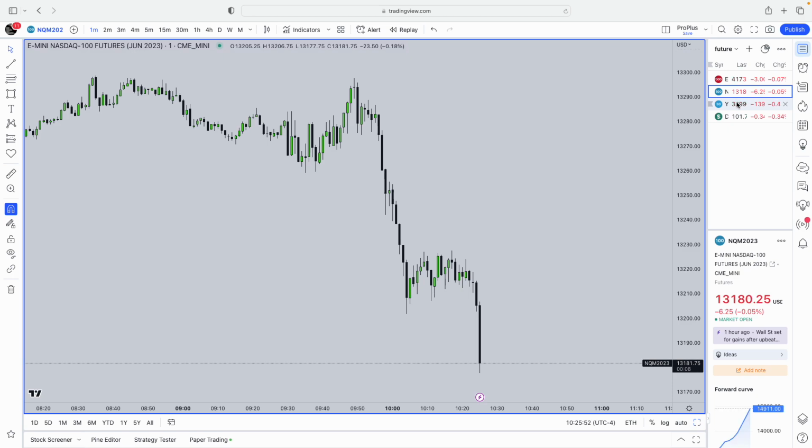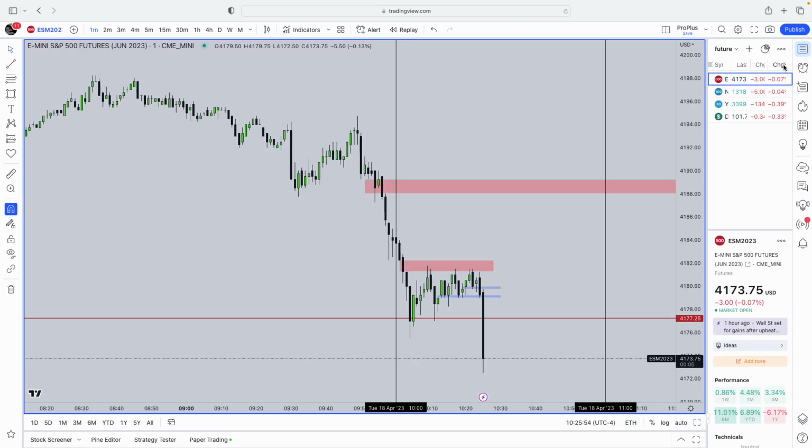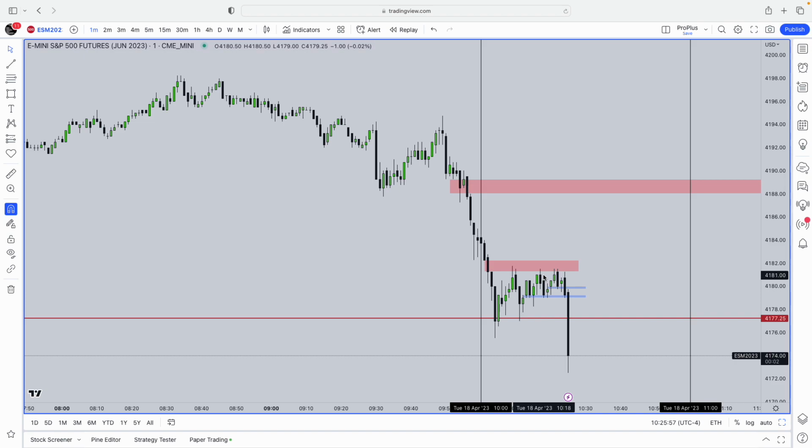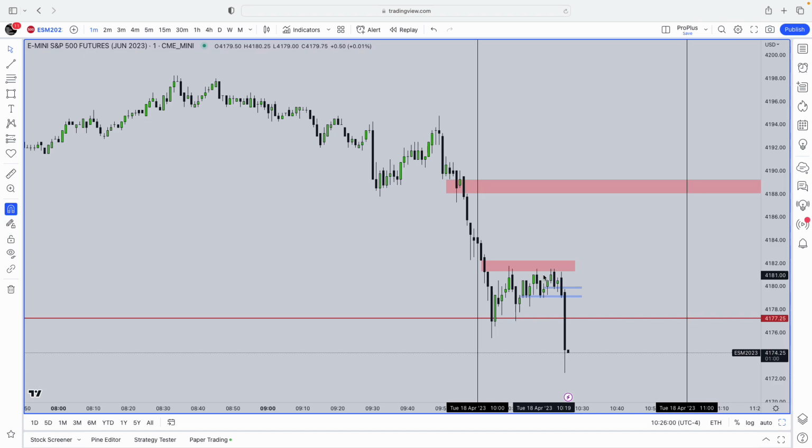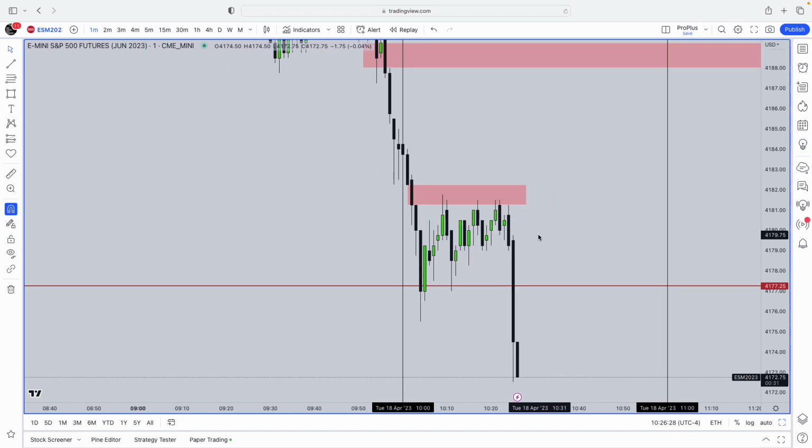Nasdaq dropping, Dow dropping. These can be deleted now because they've been closed through.